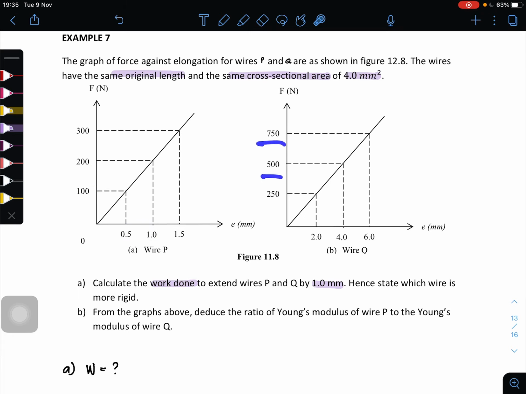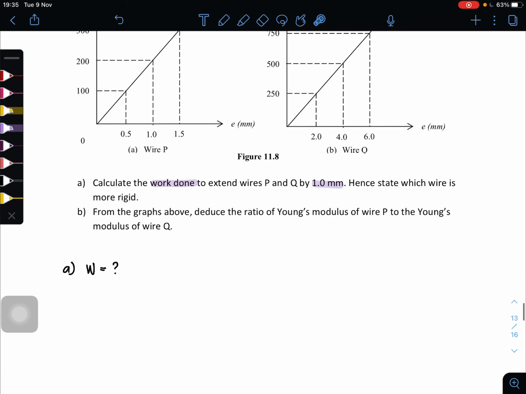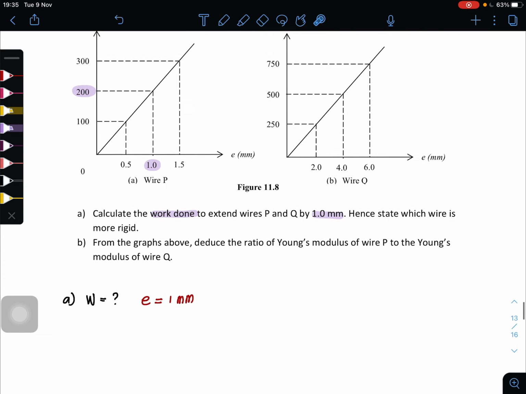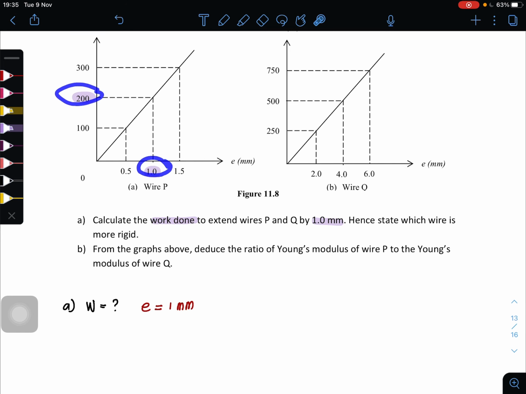Since dia minta the work done when the elongation adalah 1 mm for each wire, kita boleh dapatkan daripada wire P, apabila kita apply 200 Newton of force, the wire will elongate by 1 mm. So kita boleh terus gunakan value ni.